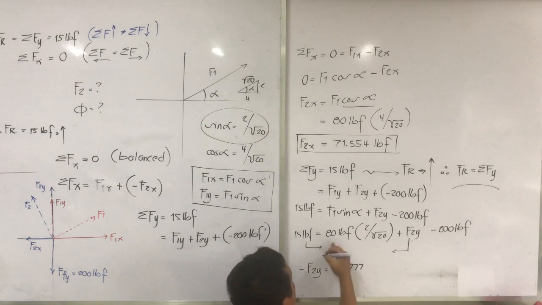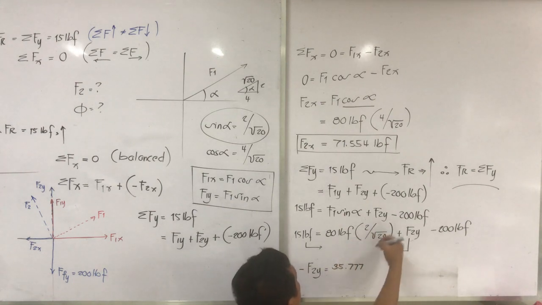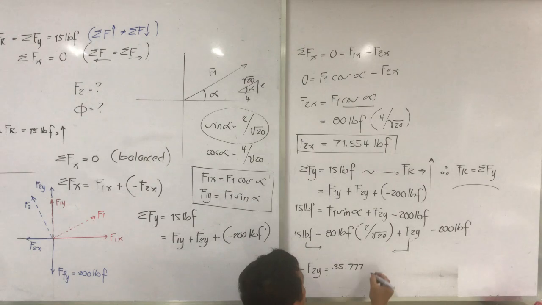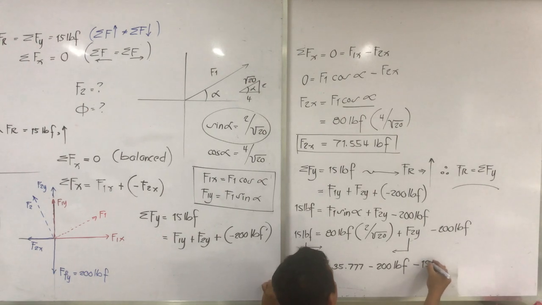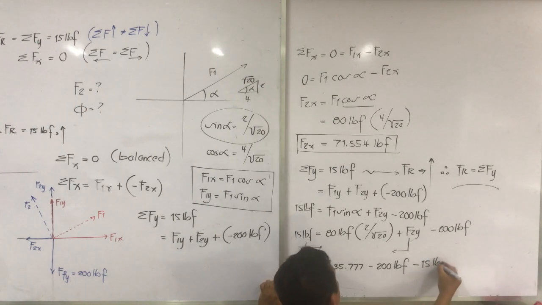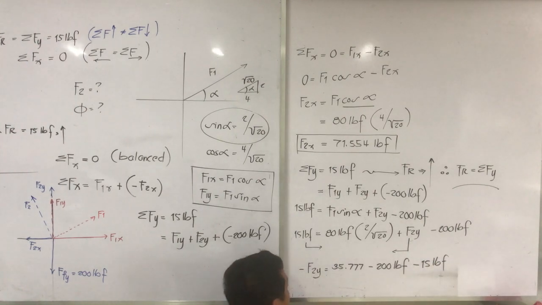35.777. And the 80 times the value of sine alpha, minus 200 pound force, minus the transposed 15 pound force.